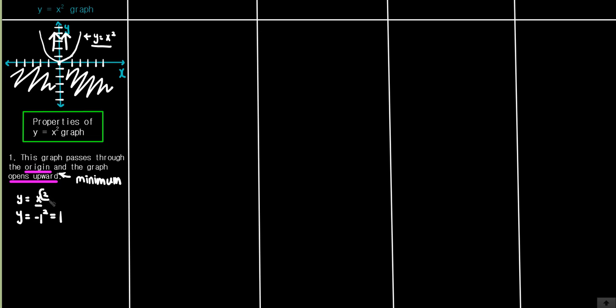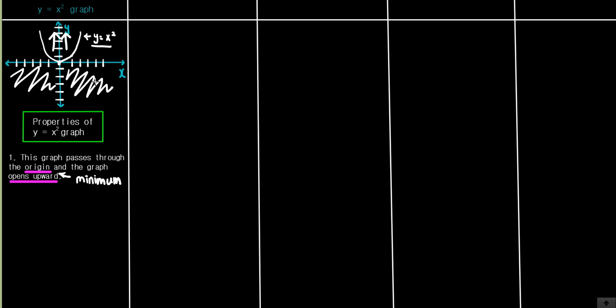So since we know that there is a squared term, whatever negative value we input, it will be squared and turned into a positive. So that's why there won't be any points in the third quadrant and the fourth quadrant. So we can see that this graph's minimum point is the origin, which is 0, 0.